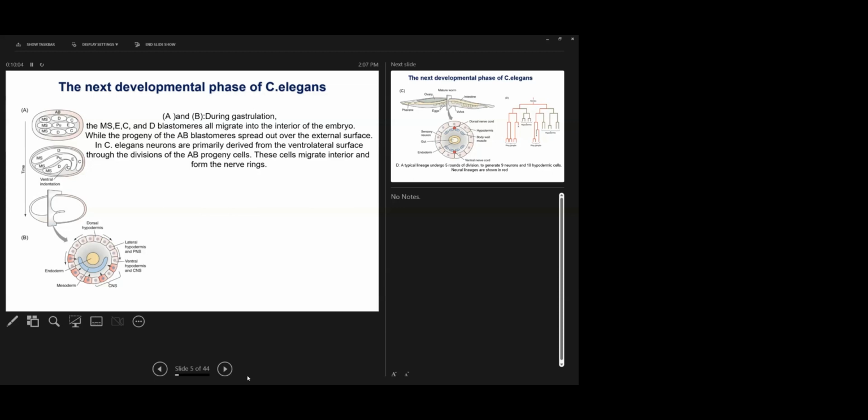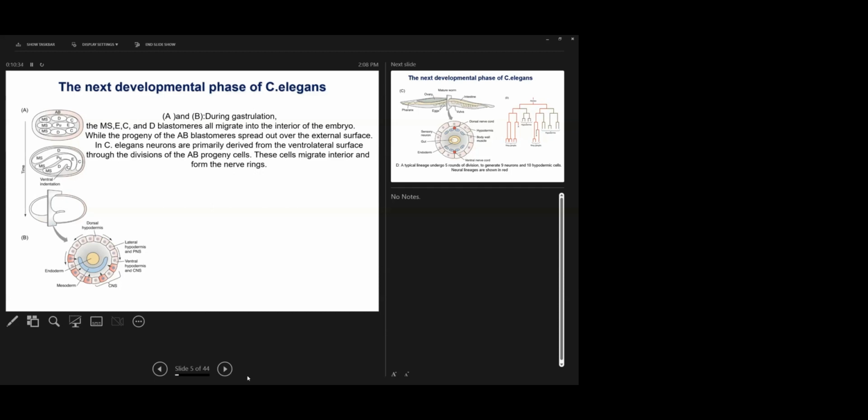So this is the mature gastrula stage. You have generation of endoderm, mesoderm, and also initiation of other parts of the nervous system, like the generation of hypodermis and the ventral nerve cord or the peripheral nervous system. So that's how gastrulation happens from a single P0 cell to different types of cells.